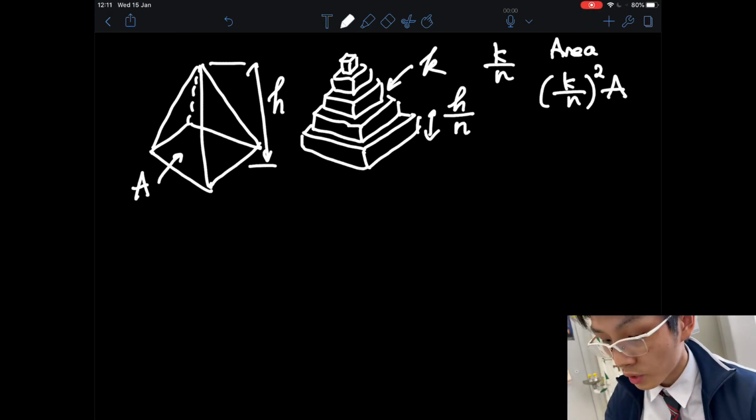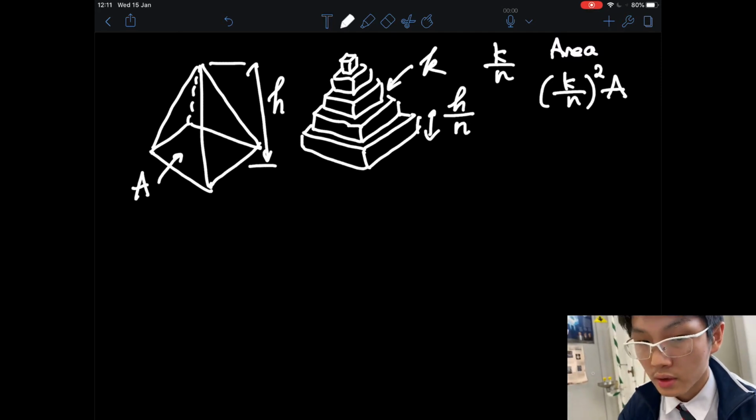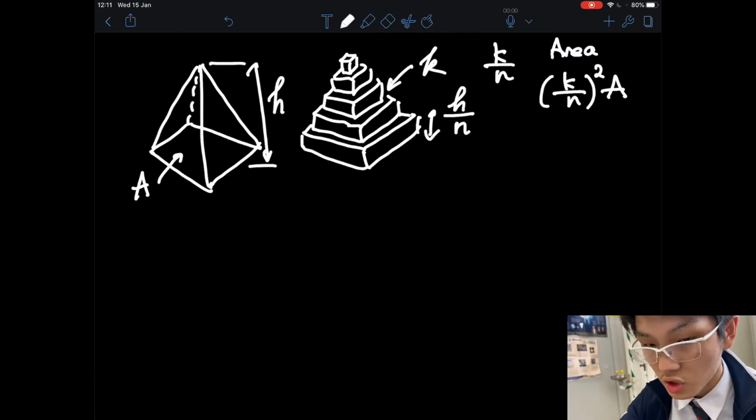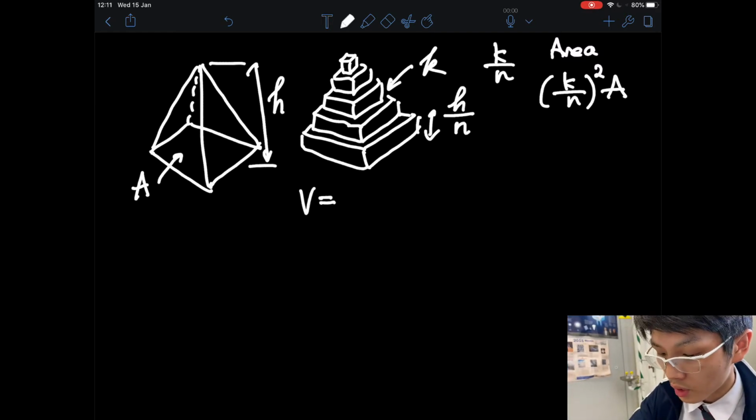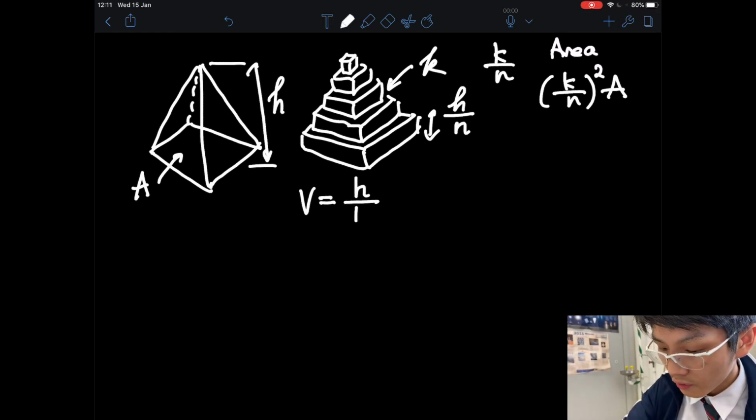Now we have the volume of each layer of the step pyramid, so we can approximate the volume of the entire pyramid by factorizing it.